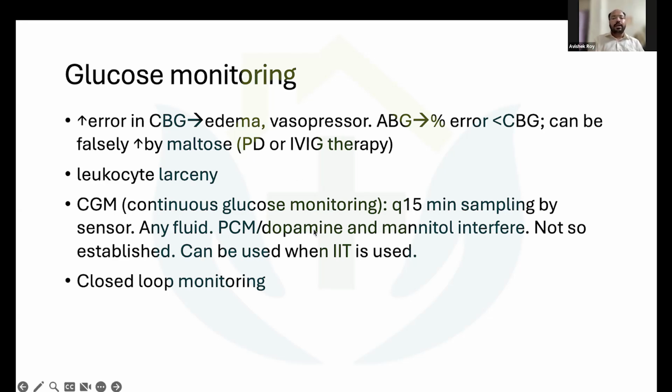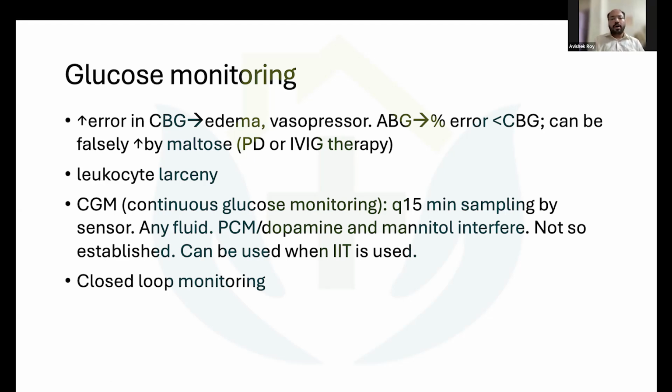Generally, it is safe. Although it is called continuous, it's a misnomer. It checks at an interval of 15 minutes, as I said, but nonetheless, it is much less labor intensive and more frequent as compared to what we normally practice. Drugs like paracetamol, dopamine, and mannitol interfere with the readings of this technique.